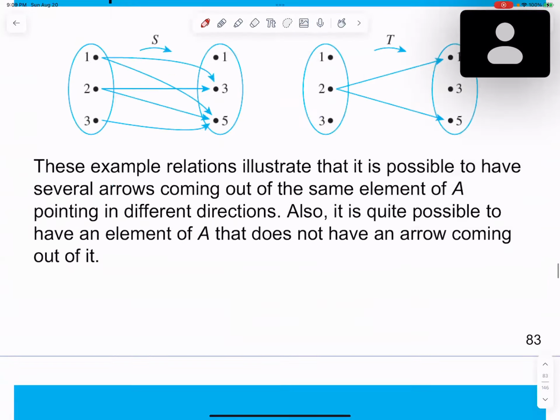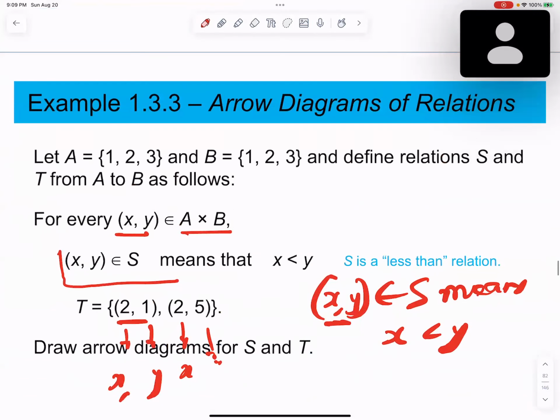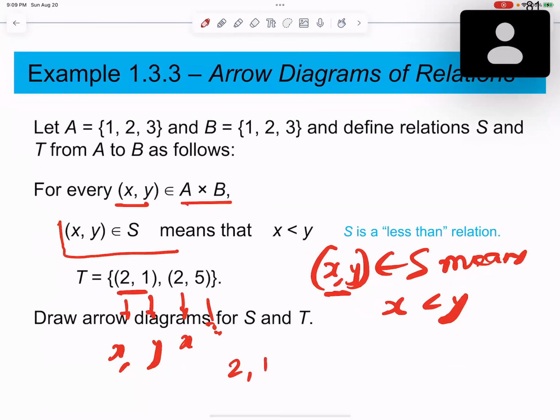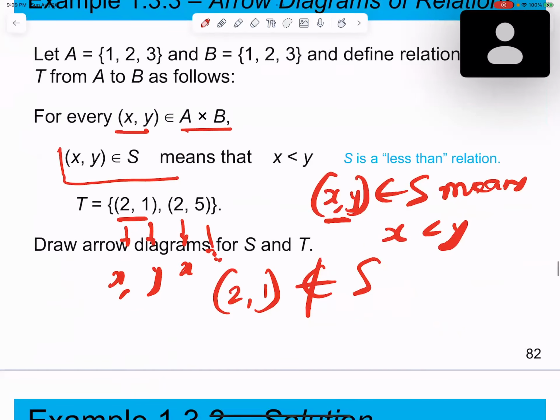Now in this instance, (2, 1) is not a relation in S because this is x and 1 is y, and your x must be less than y.